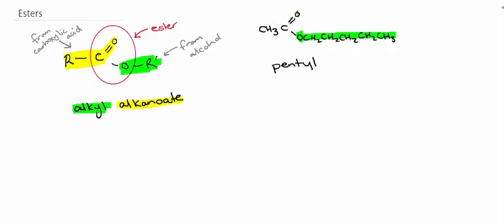The next part is we look at the component of the structure attached to the carbonyl, and in this case we see that we have 2 carbons, so it has the prefix of eth, so it'll be ethanoate. So we've got pentyl ethanoate.